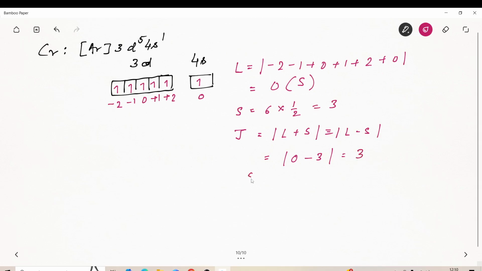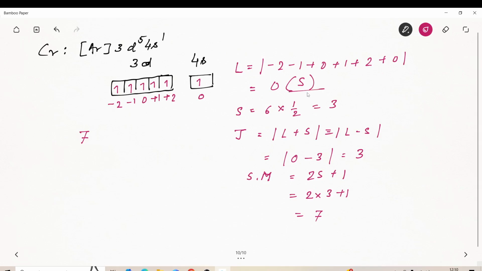And what is the spin multiplicity? Spin multiplicity, see, this is twice of capital S plus 1. So this is twice into 3 plus 1. So it is 7. So the ground state term is 7.